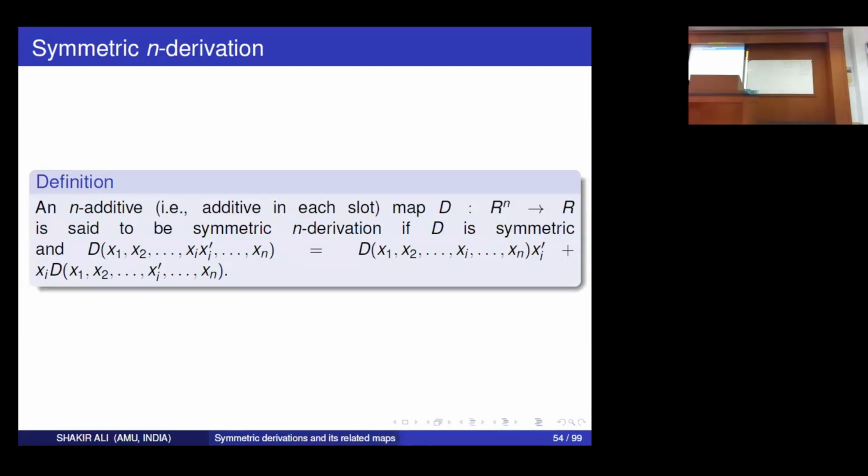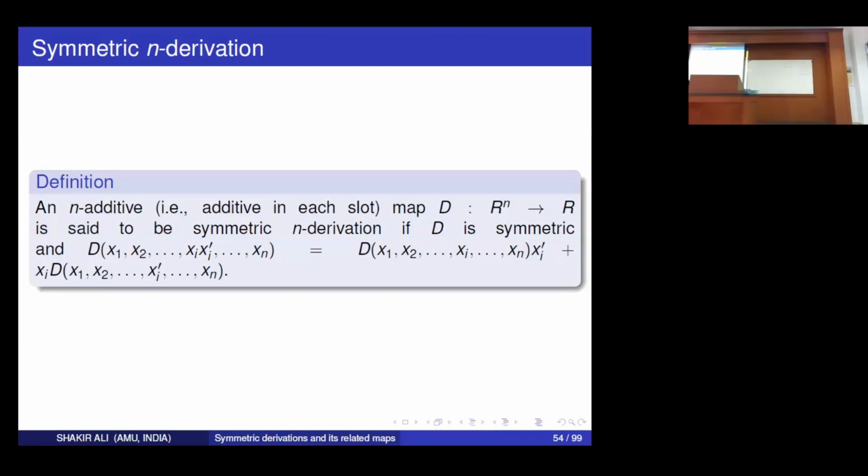Same as before, only here this part is your xi prime. And then here is plus, because we are talking about the derivation. So plus xi and xi. So for n equal to 2, you have the biderivation we just discussed.